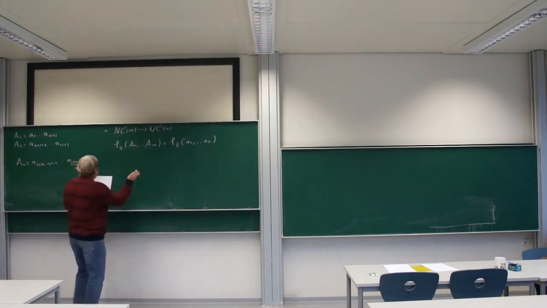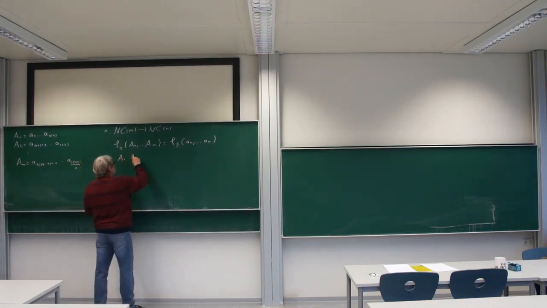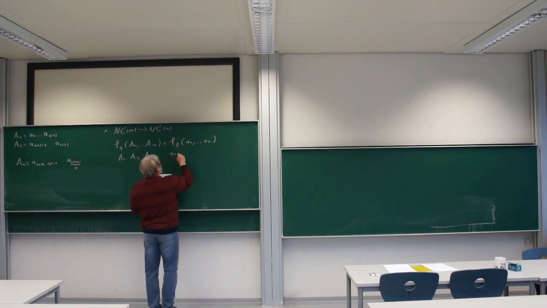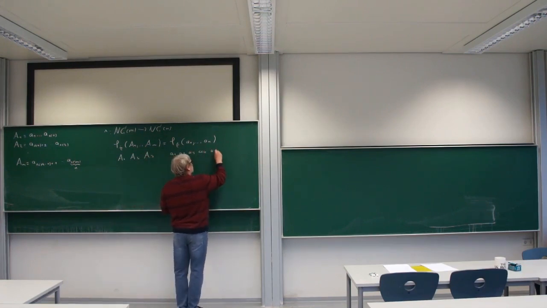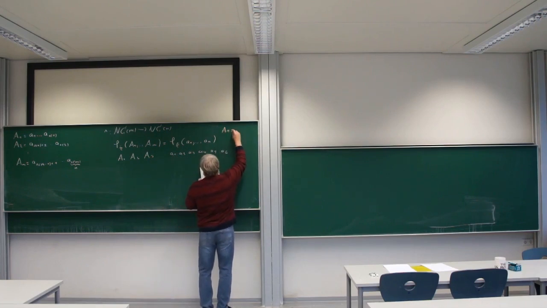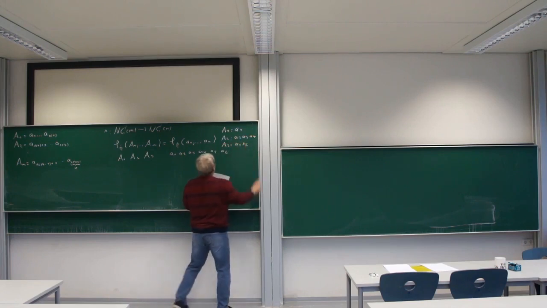This mapping was just, an example, A1, A2, A3. Let's go to a1, a2, a3, a4, a5, a6. In the case where A1 was, let's say, a1, A2 was the product of three of them, a2, a3, a4, and A3 was the product of the remaining two, a5 and a6.